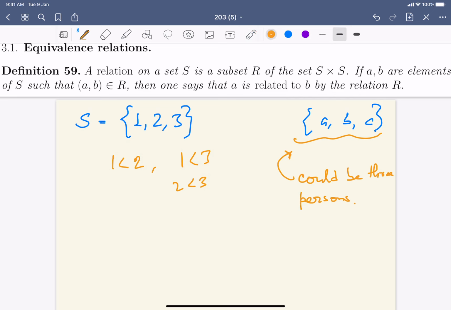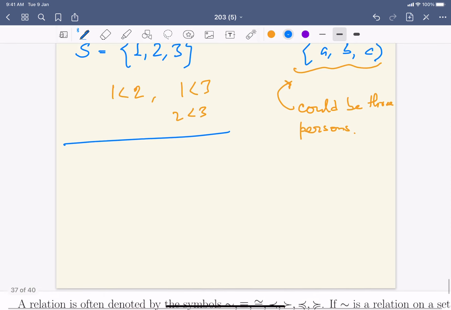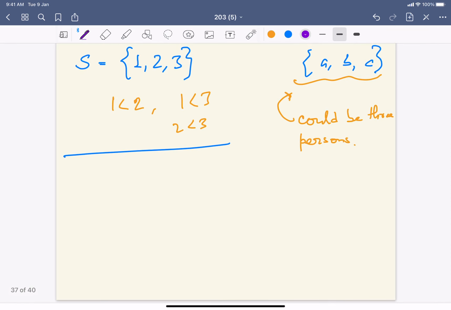Okay. You may also say that there are other relations that one can think of. An immediate one would be to look at the divisibility condition: 1 divides 2, 1 divides 3, and of course, we can't write that 2 divides 3, right?